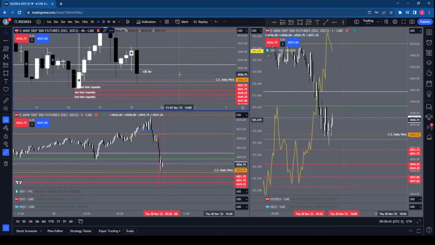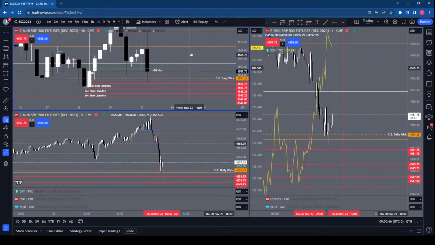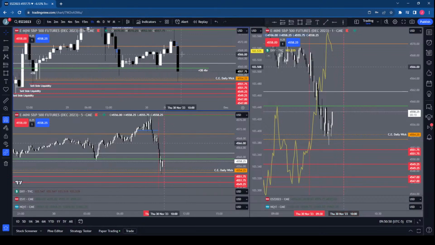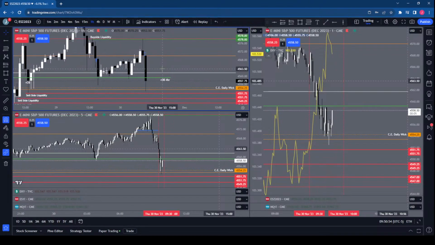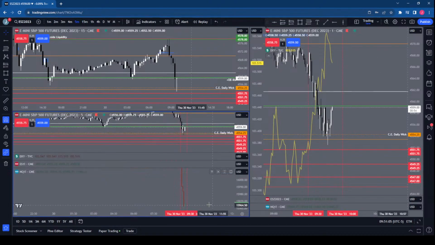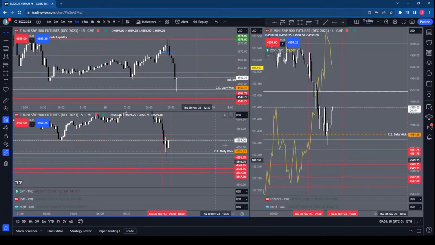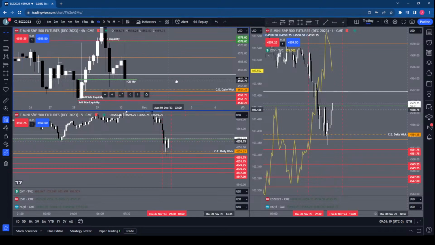It can. Yeah, so let's watch the close of this 4-hour candle.